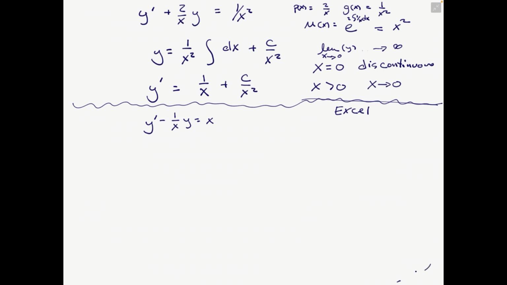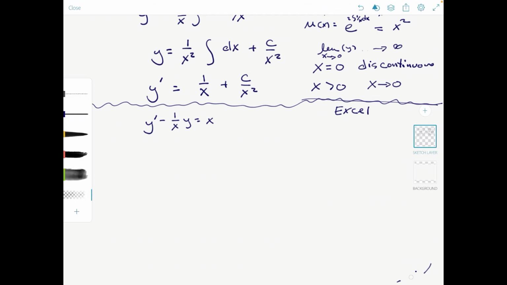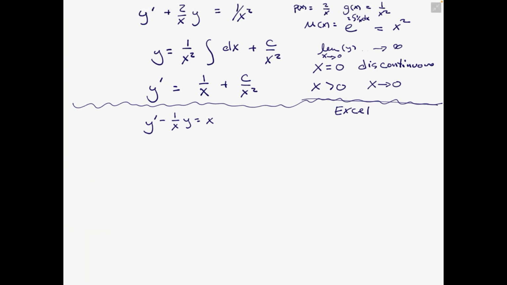That makes sense because we have 1 over x, and as x gets very small, 1 over x gets very big. And 1 over x squared gets even bigger faster. So in both cases, we're going to be going to infinity.